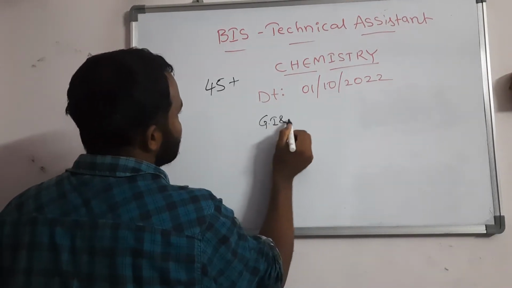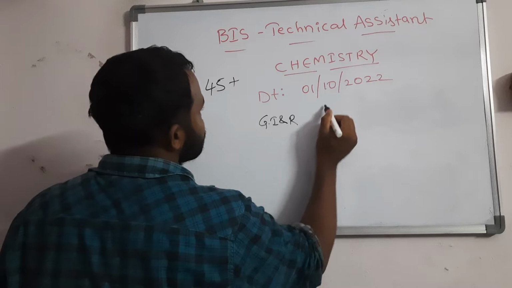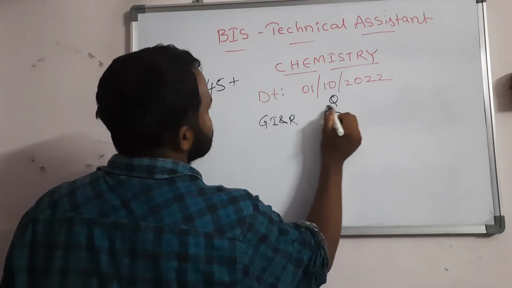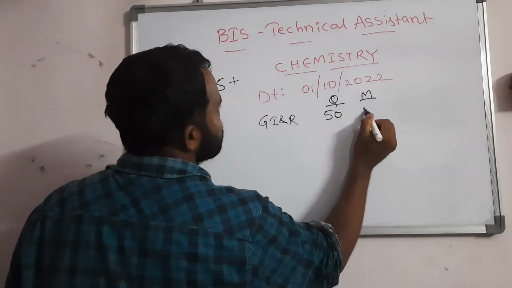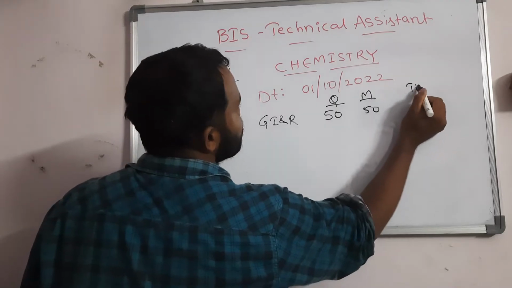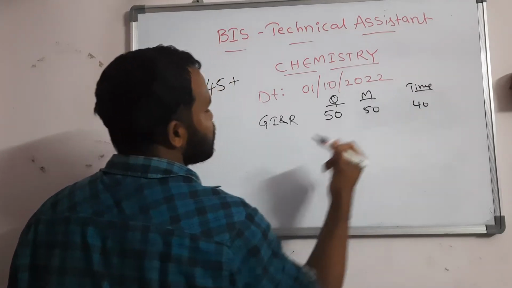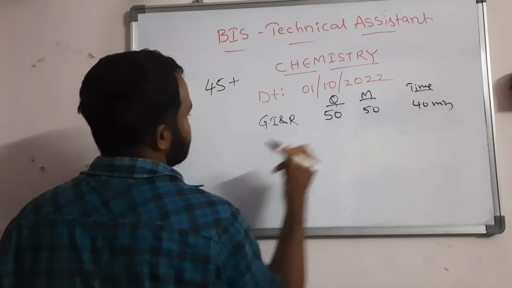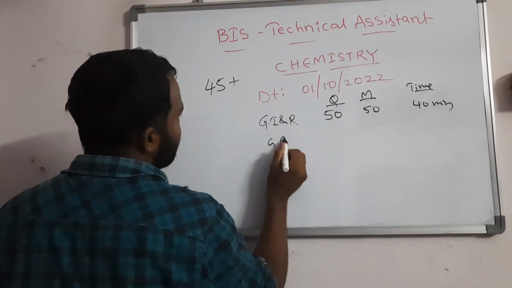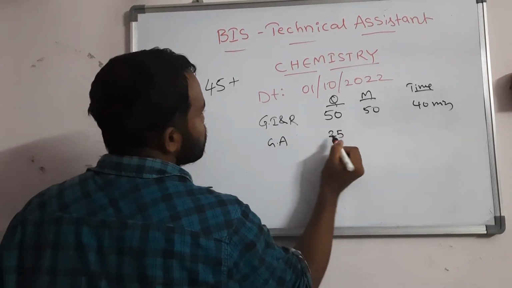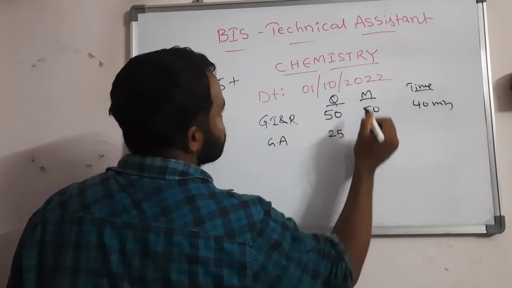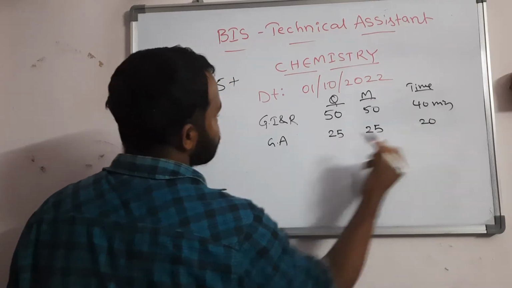General intelligence and reasoning, they gave 50 questions, 50 marks, and the sectional time is 40 minutes. Next, general awareness, 25 questions, 25 marks, 20 minutes.